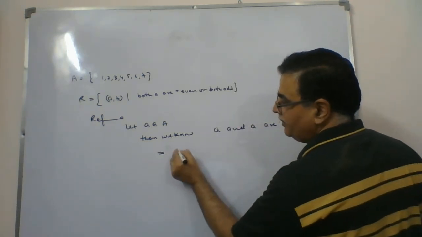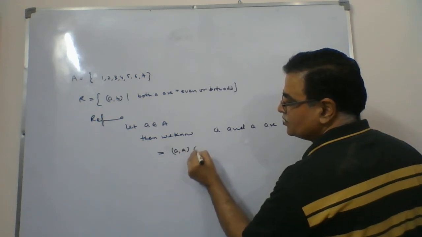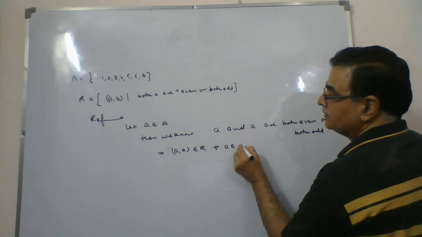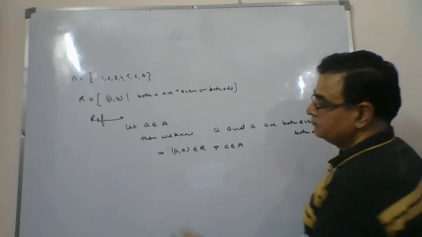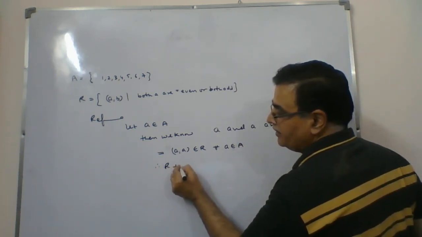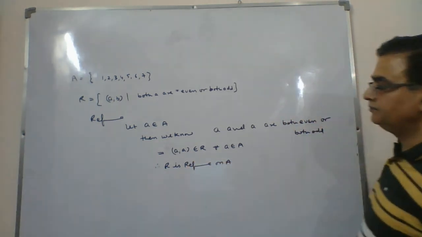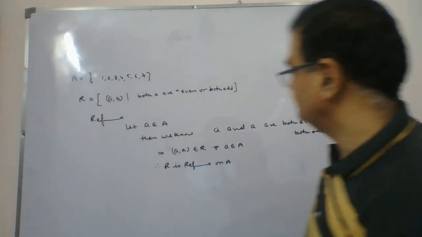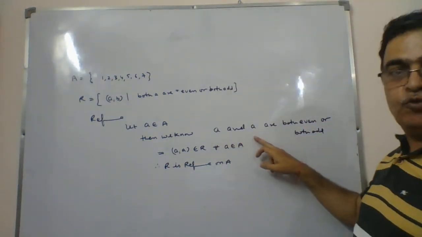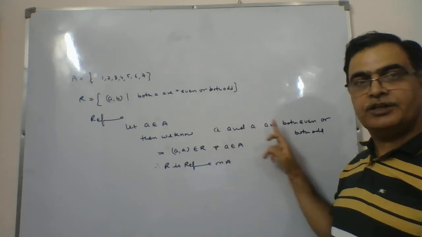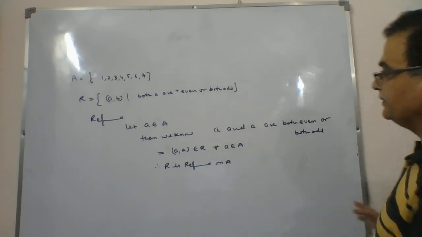What does it mean? (A, A) belongs to R for all A belonging to set A. Therefore, R is reflexive. First thing is clear. A and A, whatever element you are taking, if A is even, this will be even. If it is odd, then it will be odd. So we have done this.